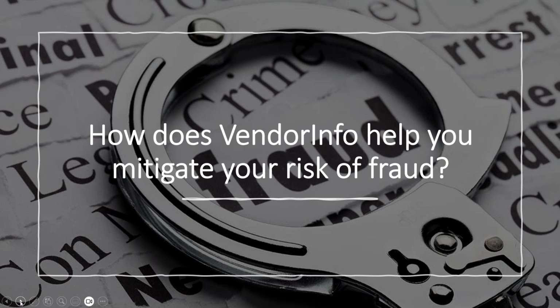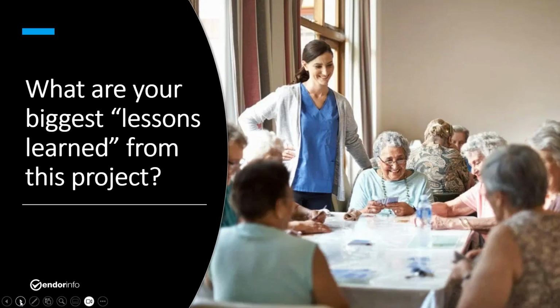So you know you're paying the right person, that they didn't just put a random account number in there to be able to change it to their account number, or trying to do any kind of fraud that way. Absolutely. So what are your biggest lessons learned from this automation project?